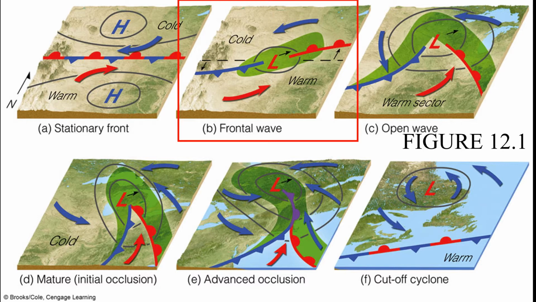So this Figure 12.B is showing a newly formed wave with a cold front that is pushing southward and a warm front that is moving northward. Again, a cold front is pushing southward and a warm front is moving northward.